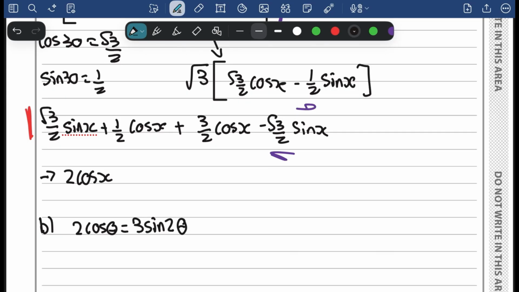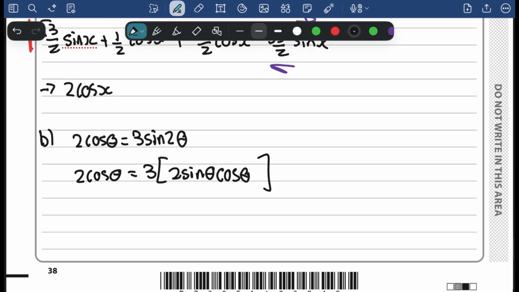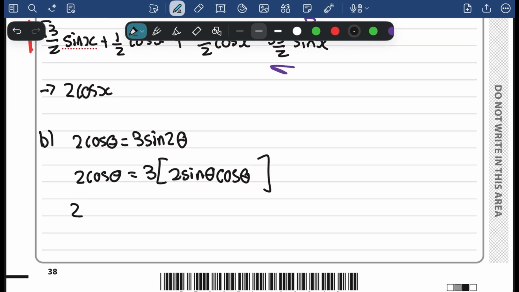Okay, the next thing we can do is use the sine double angle identity, right? So we can say 2 cos theta is going to equal 3 lots of 2 sin theta cos theta. Alright? And then if we expand that bracket, we get 2 cos theta equals 6 sin theta cos theta.